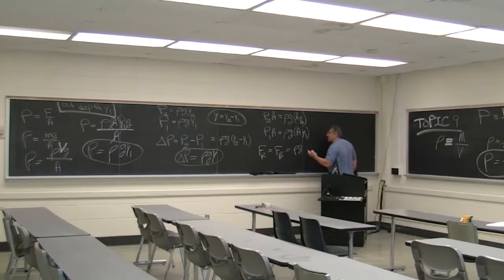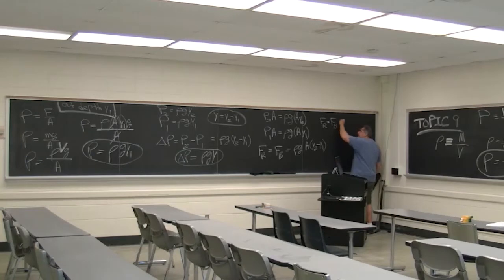There's a lot here, guys. Rho g A (y2 minus y1). All right, this is pretty fascinating, if you ask me.